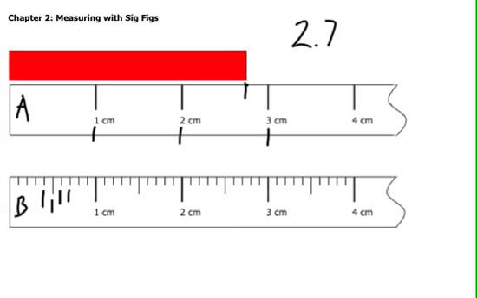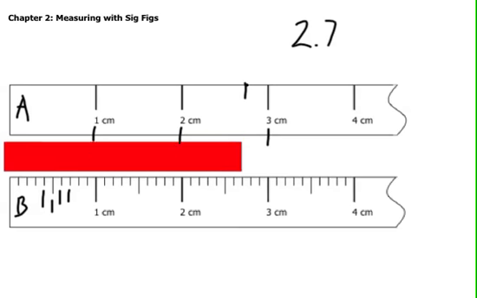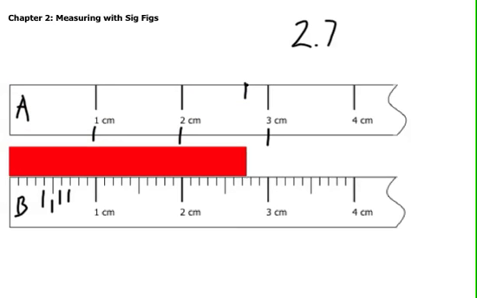If, however, we were going to measure the same bar using a more precise ruler like ruler B, you would now see that yes, it's definitely still between 2 centimeters and 3 centimeters, but it is also definitely between 2.7 and 2.8. So this gives us another degree of precision. It gives us another sig fig, another digit.